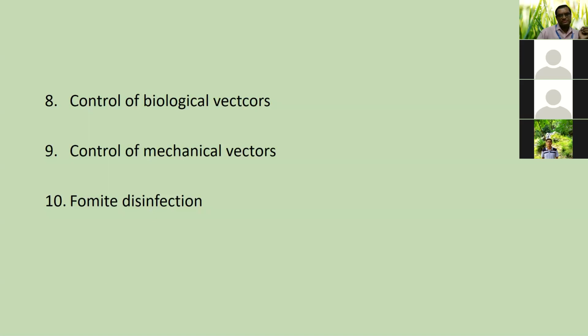Fomite disinfection. Those infections which can be transmitted through non-living surfaces, like food surfaces, iron surfaces, or any fomite, which are non-living things. If we disinfect and sanitize those fomites, we can control the disease in a population.